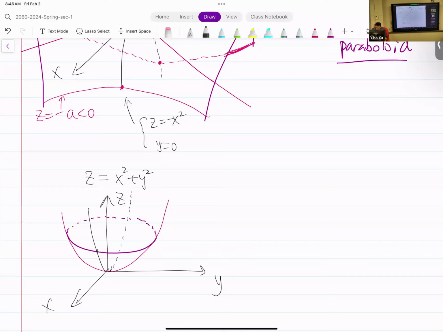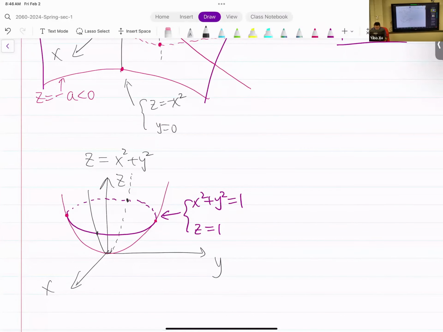Let's say this is the intersection, this is the opposite intersection. Now you see, the purple one definitely is a circle. Although it may not look like a circle, just imagine that it is. So when z equals 1, you have x squared plus y squared equals 1, a circle.